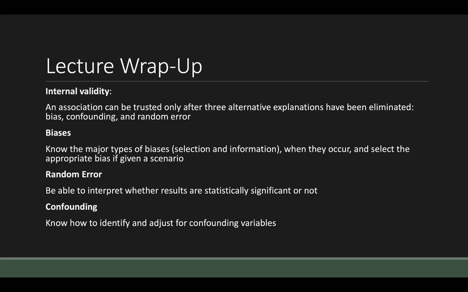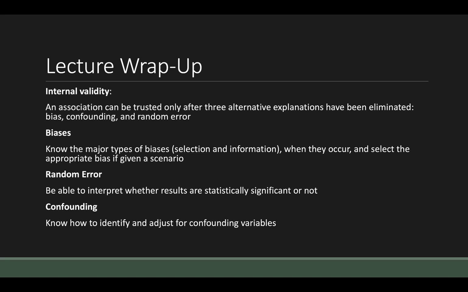For biases, know what the major types of biases are, so selection bias versus information bias. Know the phases of research when they occur. And then if I give you a scenario, be able to tell me what type of bias is occurring.